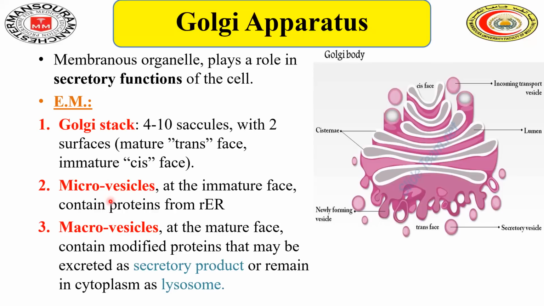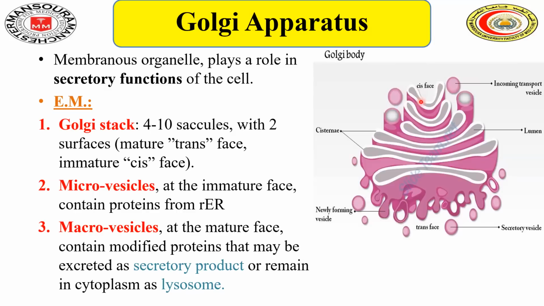Regarding the two types of vesicle, we have a small one called microvesicle, and we have a larger one called macrovesicle. The microvesicles, from the name, are small. They are mostly present near the immature phase, or the cis phase.